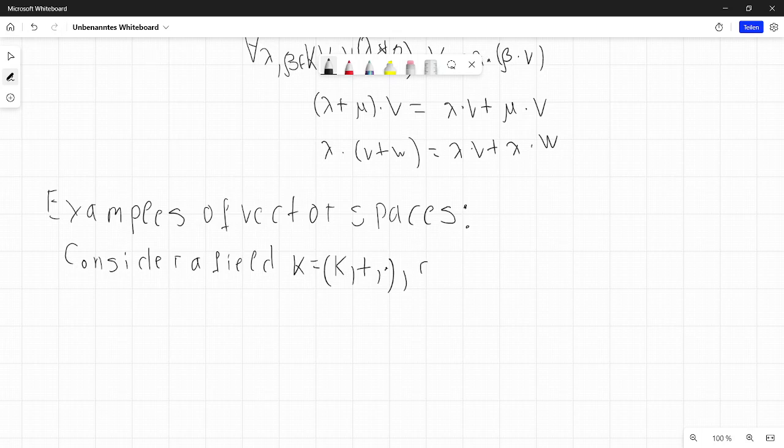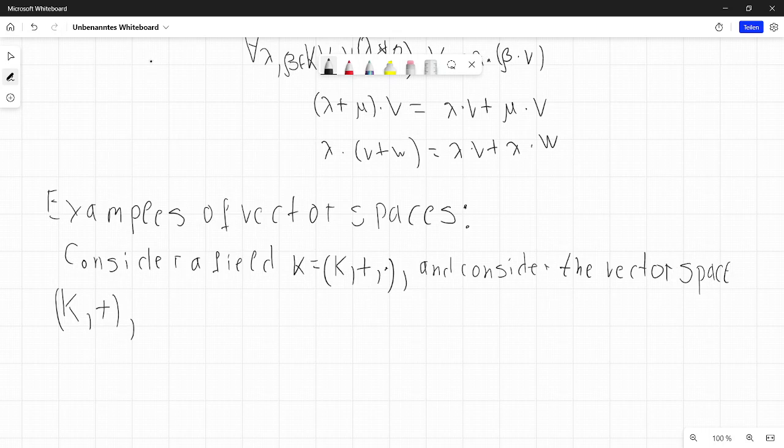And well, consider the vector space K plus, that's our V now, right?